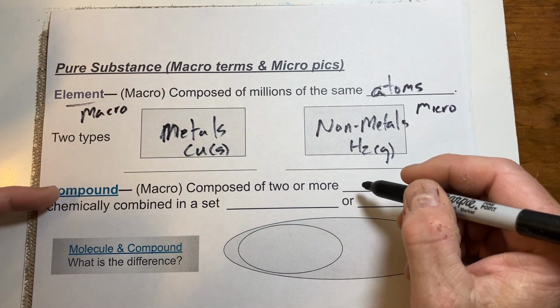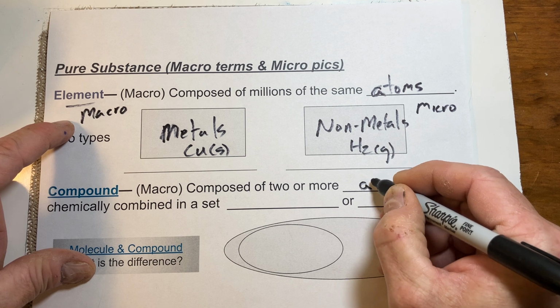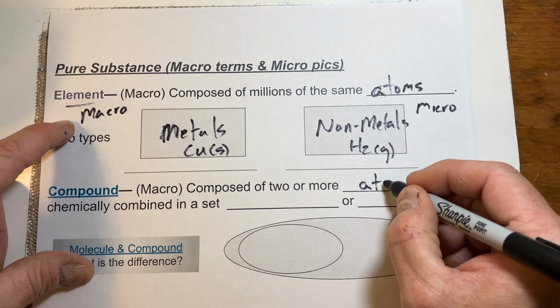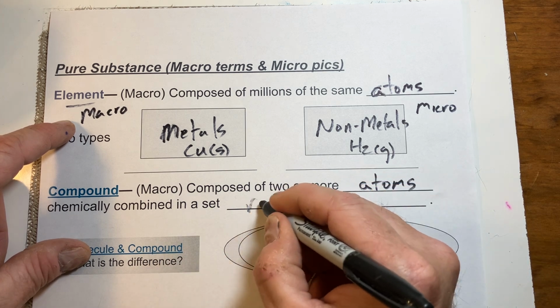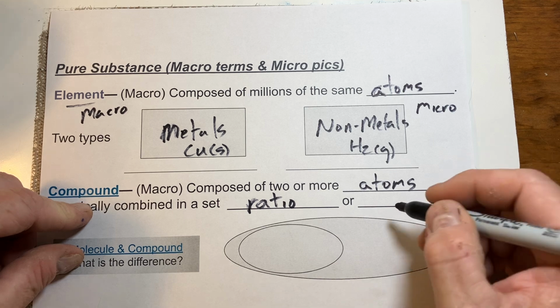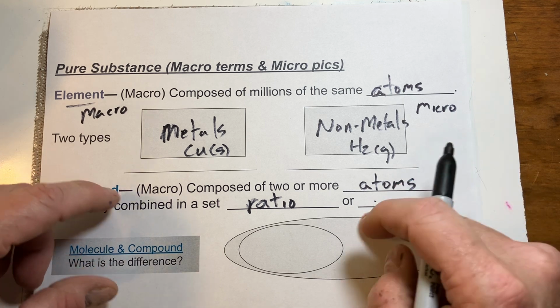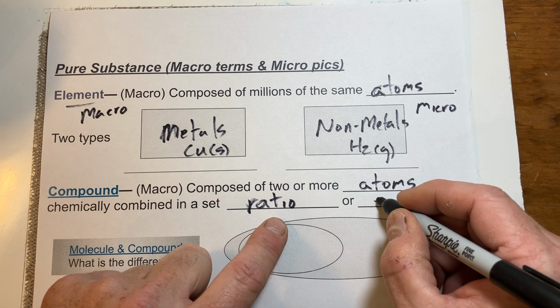Now, compounds are composed of 2 or more different atoms, chemically combined in a set ratio. So we have to have 2 different atoms to be a compound, and this can be a set ratio or fraction, I guess.